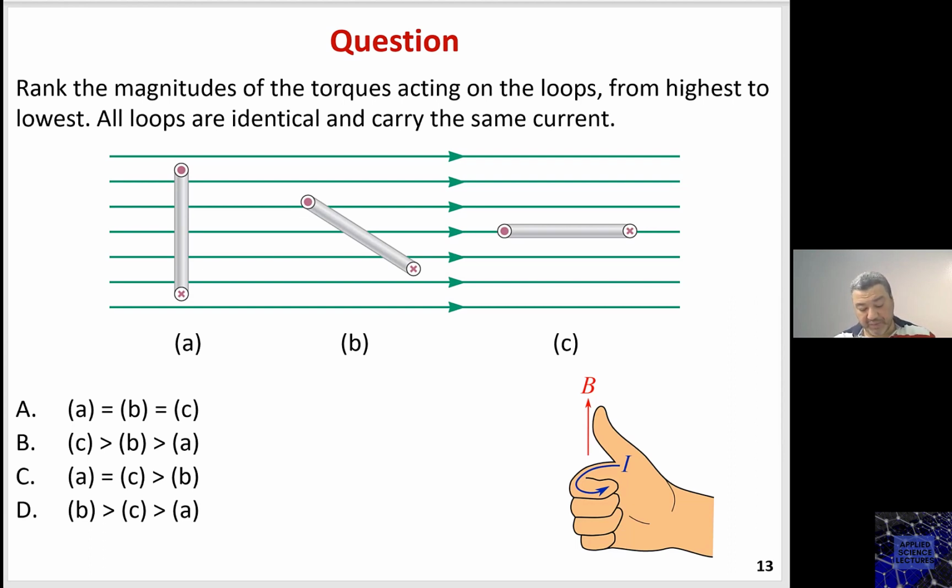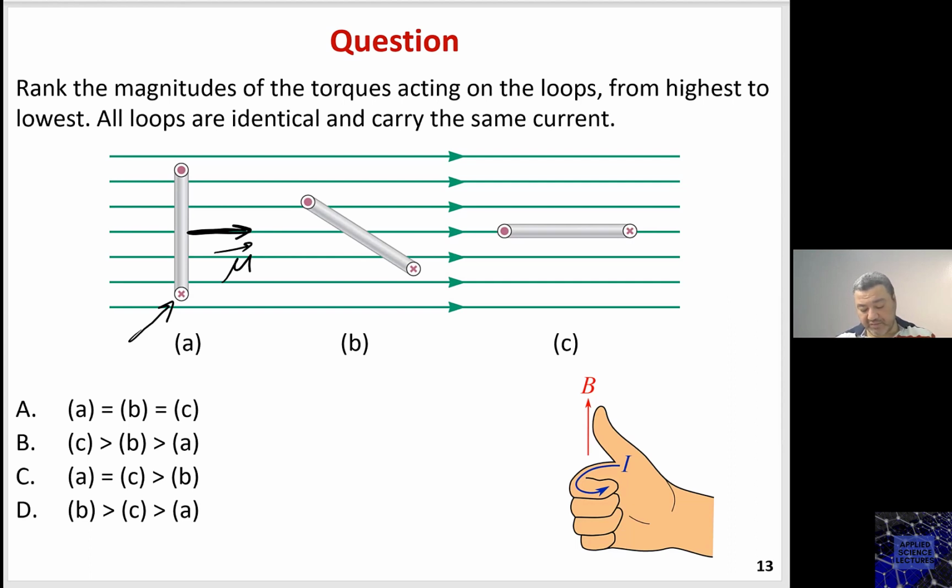We can define the magnetic dipole moment using the right hand rule. So here for case A, I have the current entering into the page and then coming out of the page, which means based on the right hand rule, I have the magnetic dipole moment pointing in this direction.